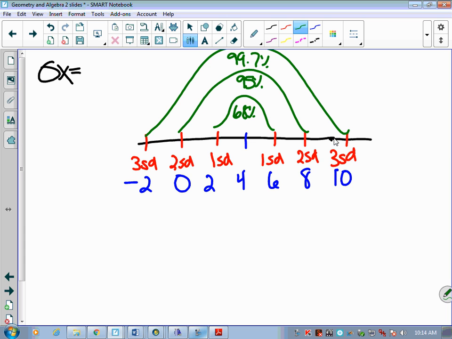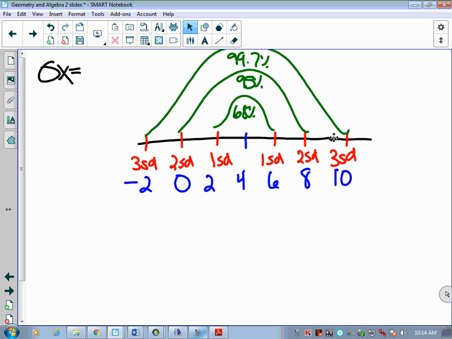So one standard deviation, 68; two standard deviations, 95; three standard deviations, 99.7. This is the bell curve they're talking about. We're going to use this again and again to solve different types of problems and answer different questions about data. So we understand this so far?